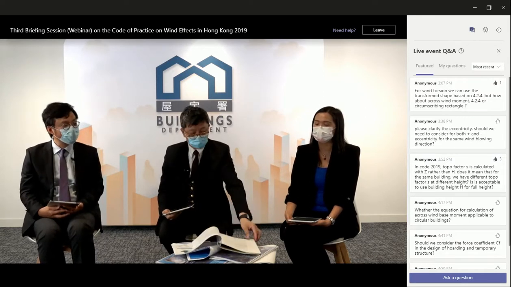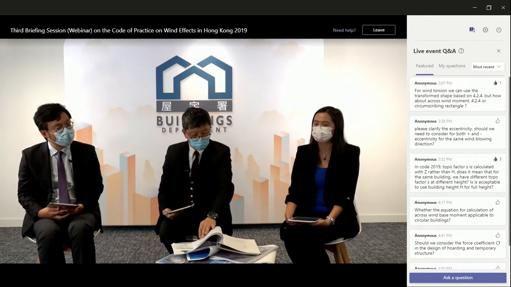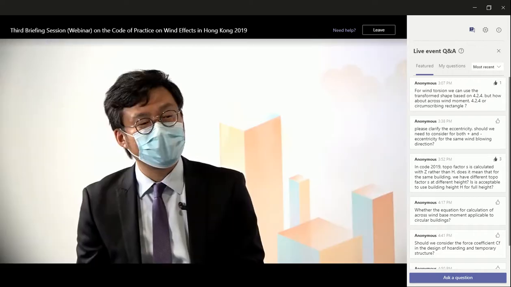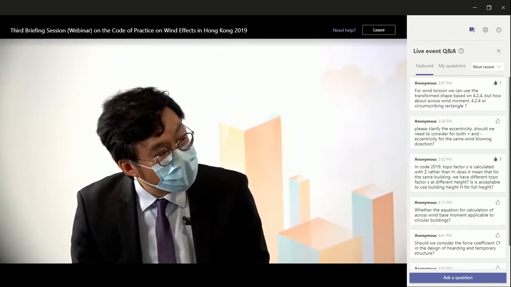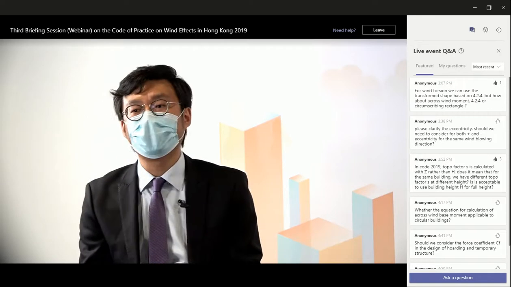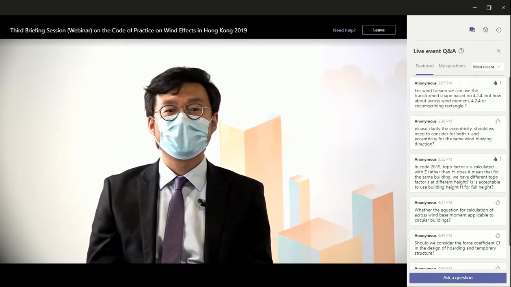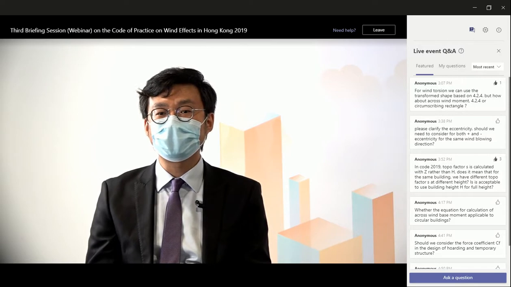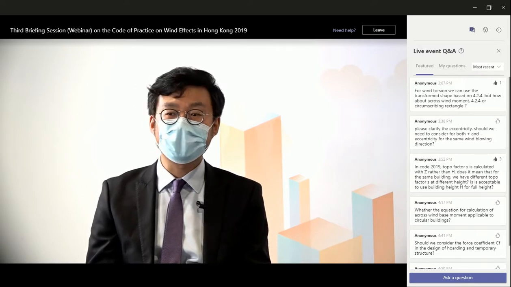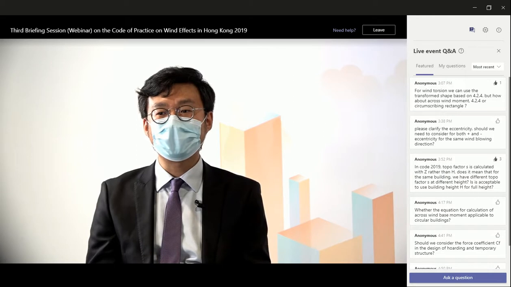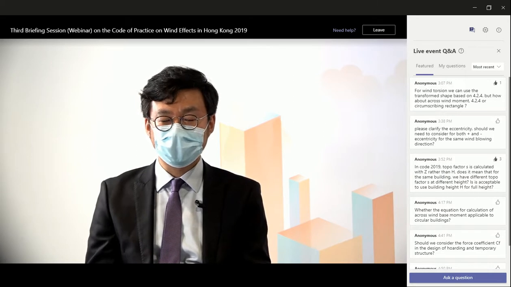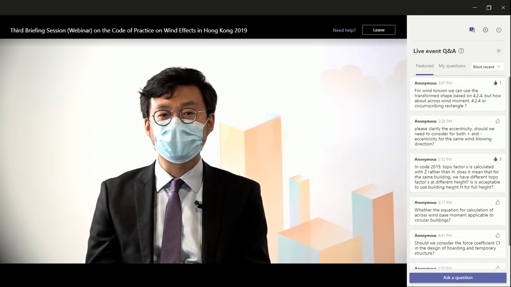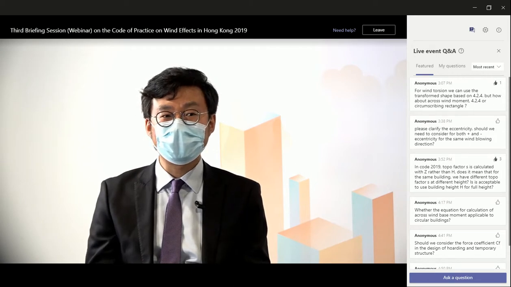I think the audience may be interested to get a clarification. So when to use 4.2.4? As Fion explained, first of all, it is used for calculating the force coefficient, so that is for along wind calculation. Secondly, it shall also be referred to for calculating the torsional load, and that's all.